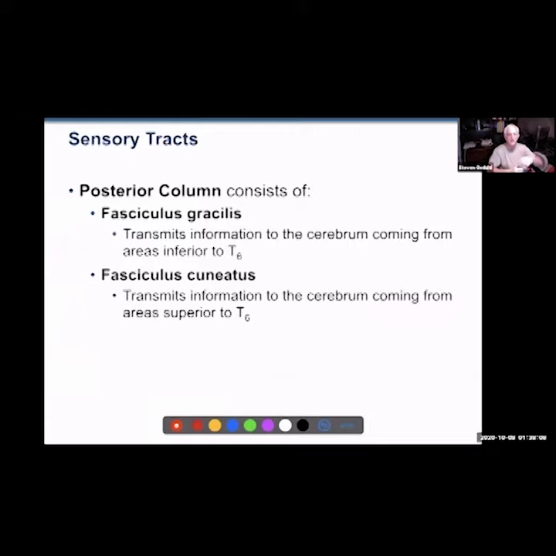So the posterior column is divided into two groups. The fasciculus gracilis transmits information to the cerebrum coming from areas inferior to the sixth thoracic vertebra.